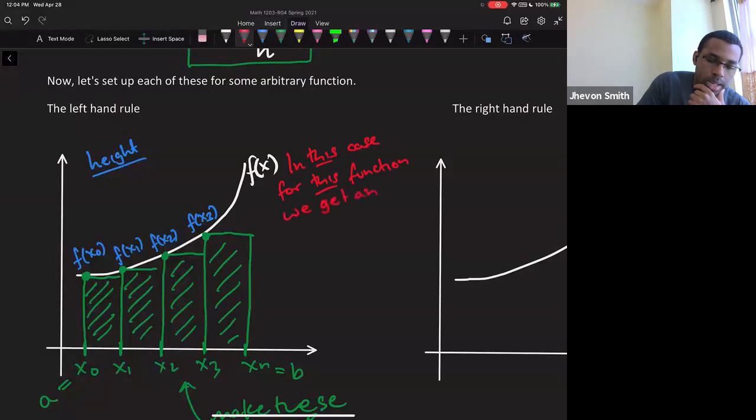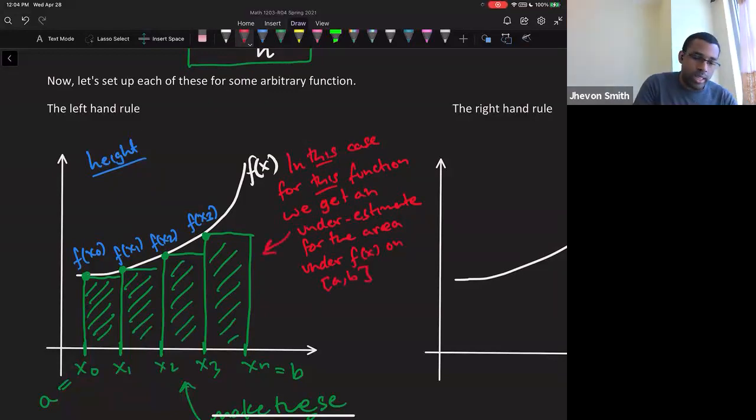We get an underestimate for the area under f of x on AB, because you'll notice that there's area in the top here that I'm missing. So I'm going to have actually a little bit less than what the real area is if I only use the left.